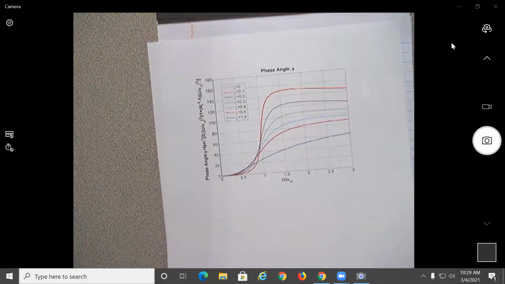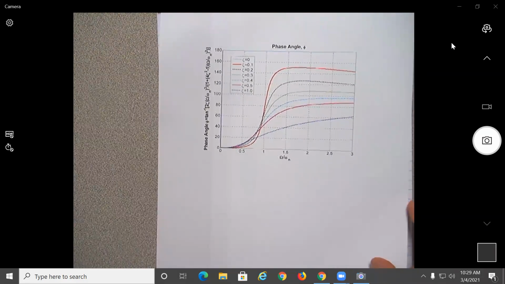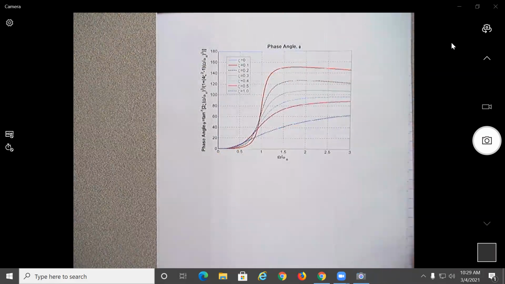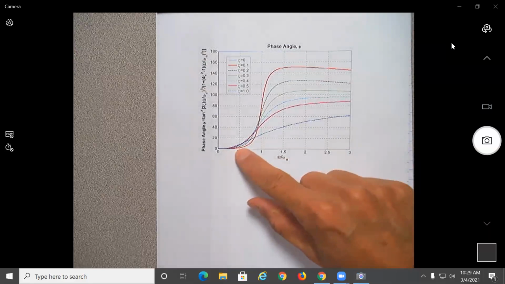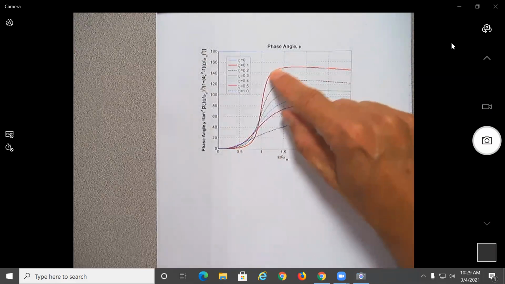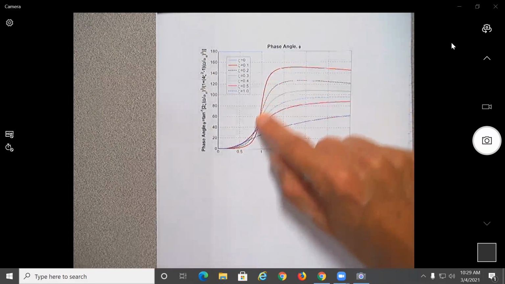So similarly, now you have something for the phase angles, that you see for the different dampings. This is what would happen, okay? Basically, what that is saying is that at the beginning, the phase angle will remain close to the 90, no?